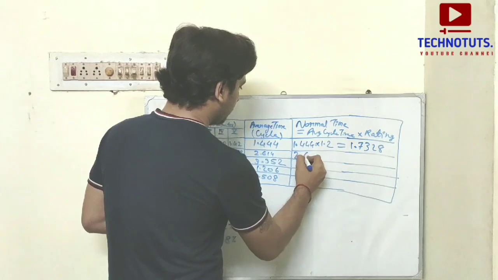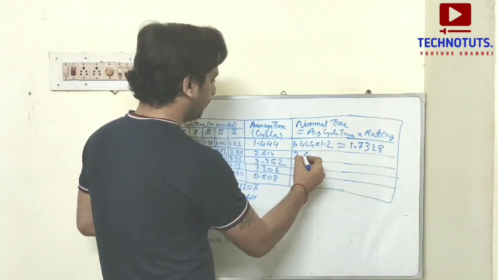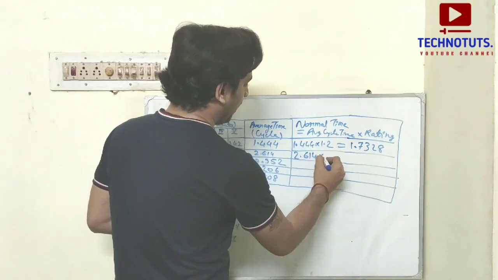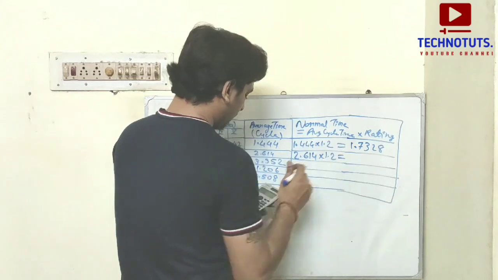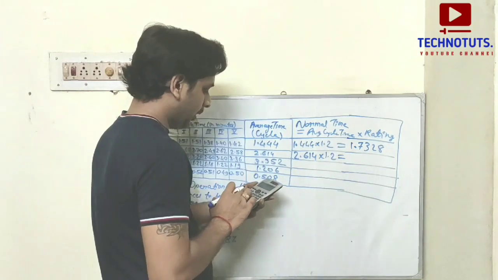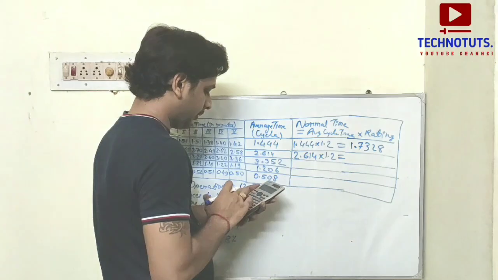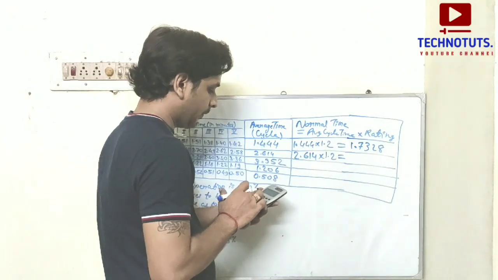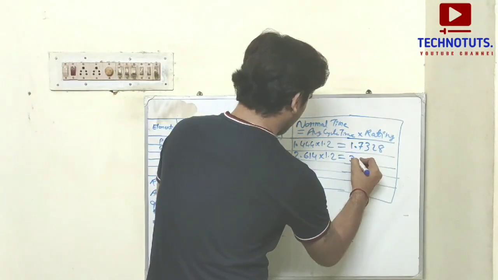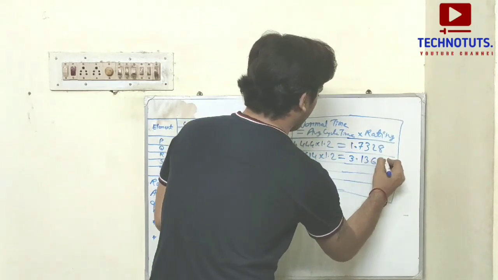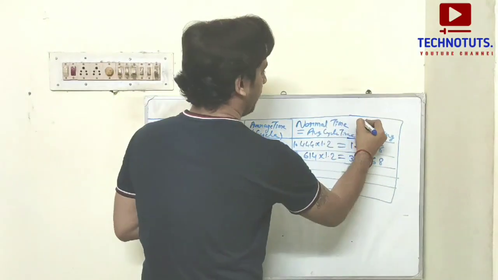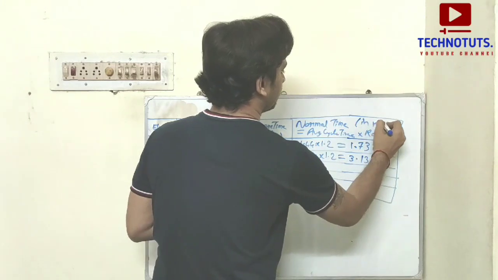Average cycle time for element Q is 2.614 and rating is 1.2. Let us calculate it. 2.614 into 1.2 is equal to 3.1368. This is also in minutes.